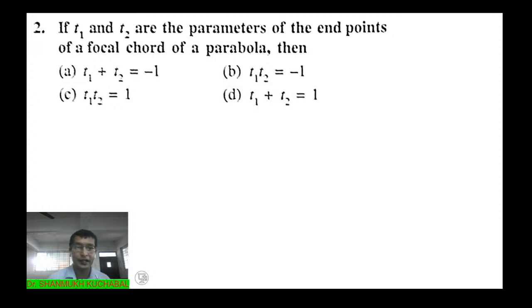We observe that t1 and t2 are the parameters of the end points of a focal chord of a parabola, and it is a standard condition that t1 multiplied by t2 is equal to minus 1. Therefore, option B is the right answer.